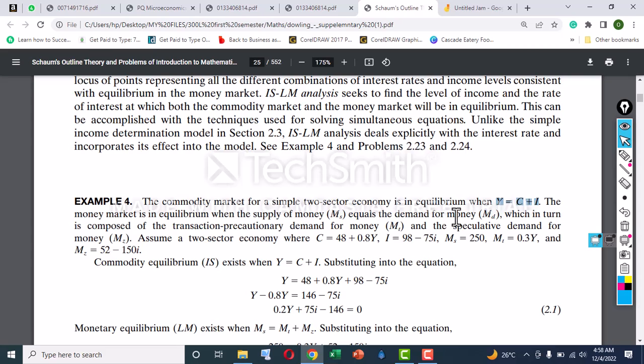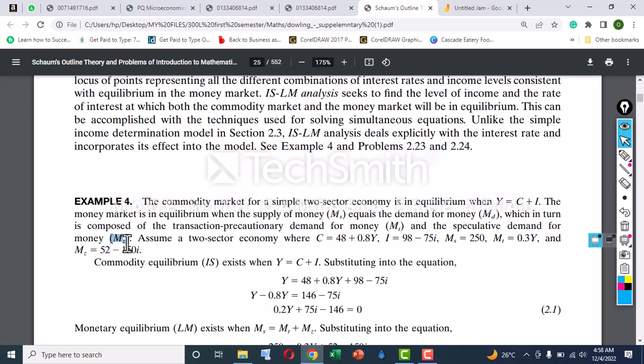While for the second equation, they are going to give you your money supply. Sometimes they may not give you your money demand function directly. They are just going to give you your transactionary demand for money, MT, and they are going to give you MZ, the speculative demand for money. They believe that you should know the three reasons for holding money, and that by the time you add the three together, it will give you your demand for money.